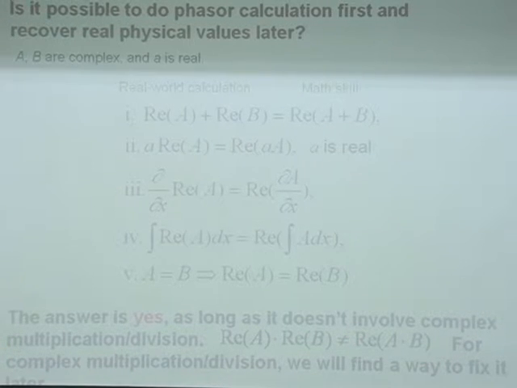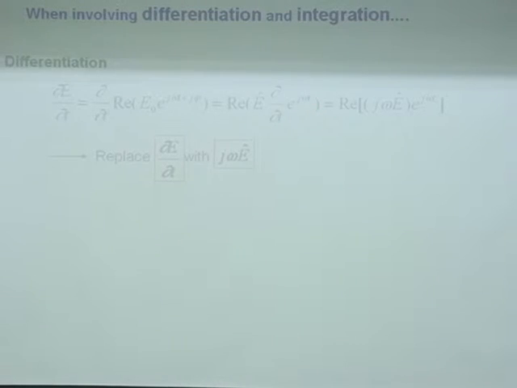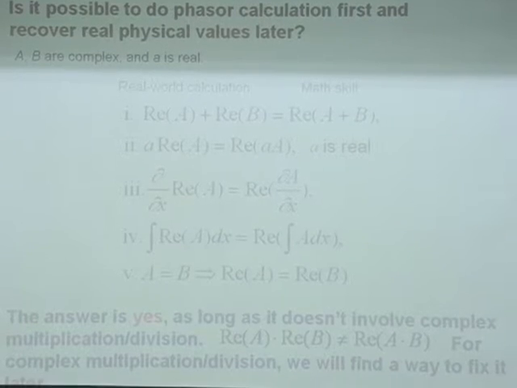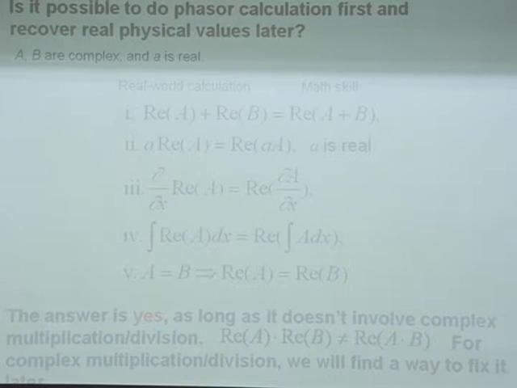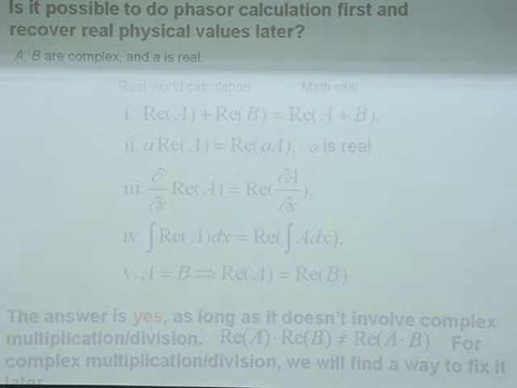But basically, if you just do the multiplication and if you just do the summation and subtraction and generalize to the differentiation and integration, you can use the complex analysis for your calculation.